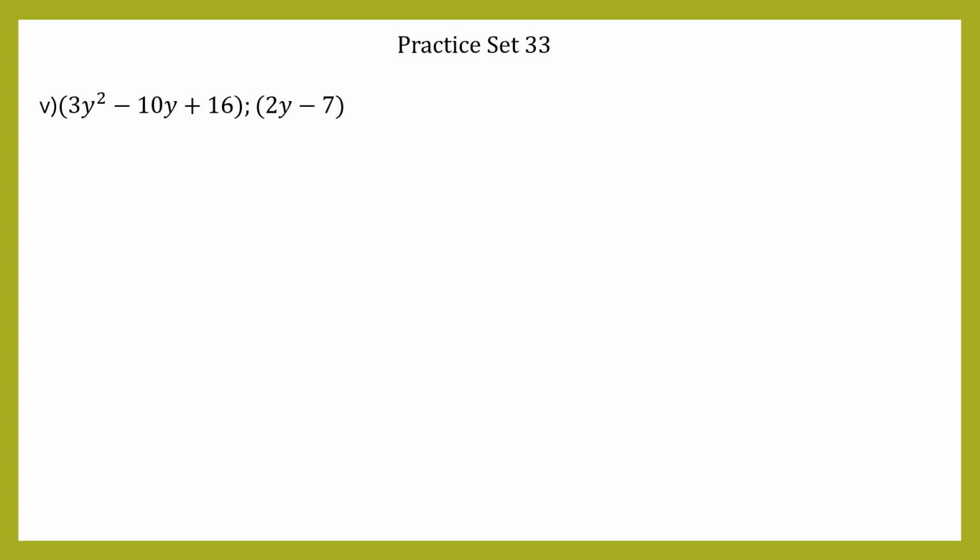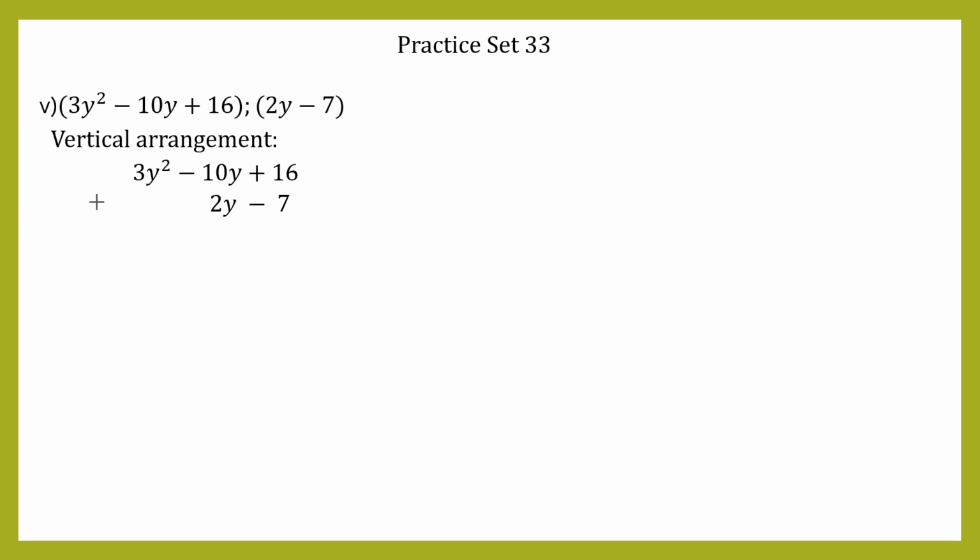Now when we are arranging in the vertical method, we need to take care that 2y minus 7 comes below the like terms of the first. So this is the first expression. Now the second expression, you can see 2y minus 7 is written exactly below minus 10y plus 16. Those are the like terms.